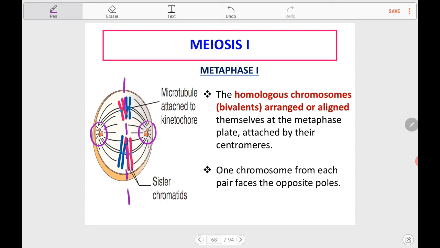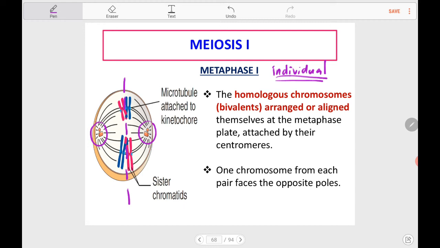So these two processes are similar between metaphase 1 of meiosis 1 and metaphase of mitosis. But the major difference is metaphase of mitosis, it is the individual chromosomes that align along the metaphase plate.